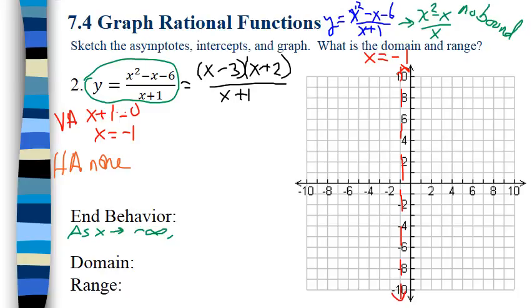We square any negative, you're going to get a positive. You're going to subtract some stuff that's not going to make a difference, so it's still going to be positive. And then you're going to divide that by a less large but negative number. So we have a positive divided by a negative, which means y is going to approach negative infinity.